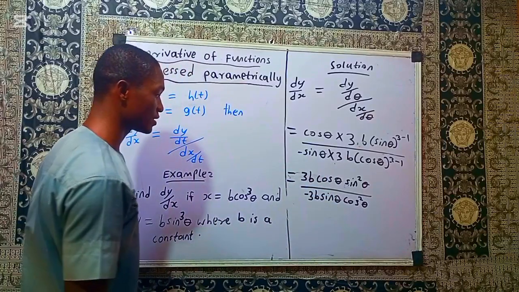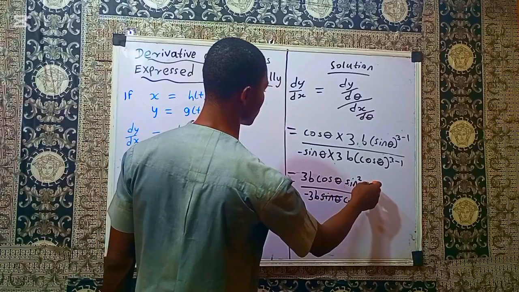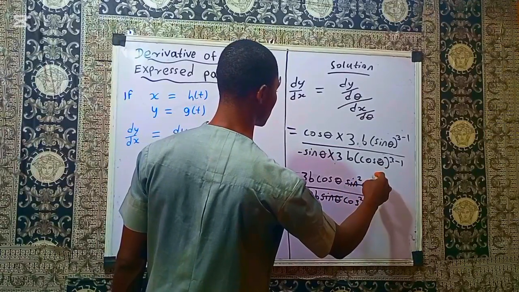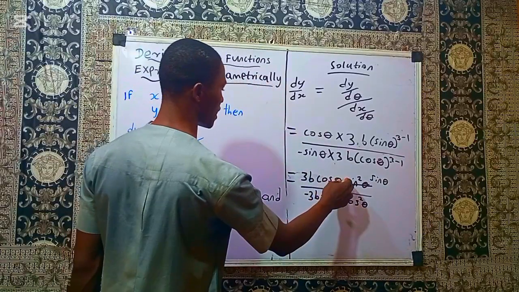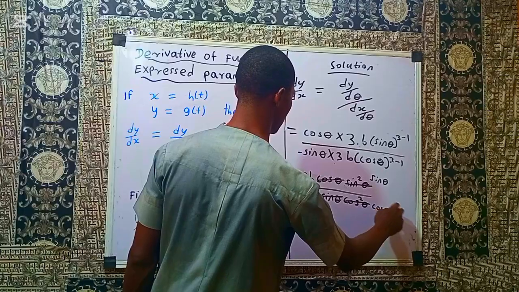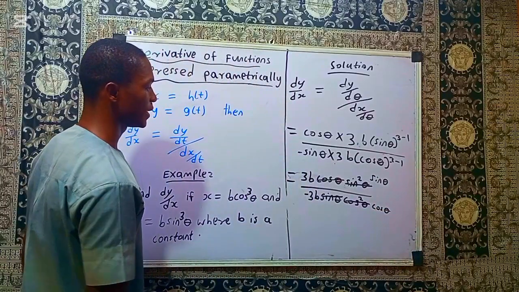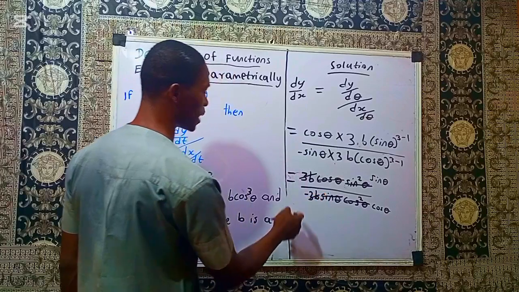If you have it like this, some things can cancel. Of course, sine theta can cancel sine squared theta, reducing this to sine theta. Then cos theta can cancel cos squared theta, reducing this to cos theta. Then 3b cancels 3b. We have minus here.